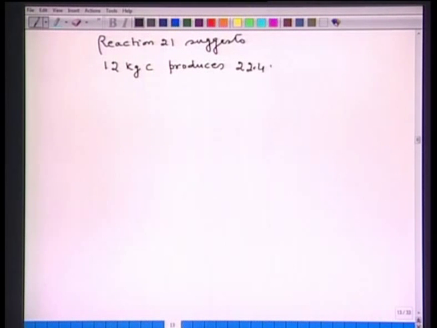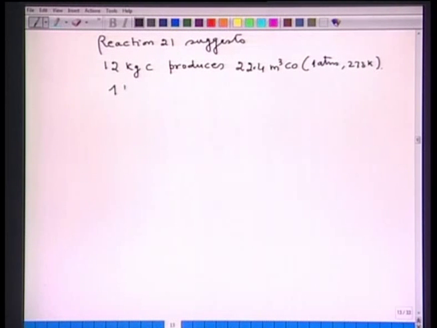Now this reaction 21 suggests that 12 kg carbon produces 22.4 meter cube carbon monoxide at 1 atmospheric pressure and 273 Kelvin.